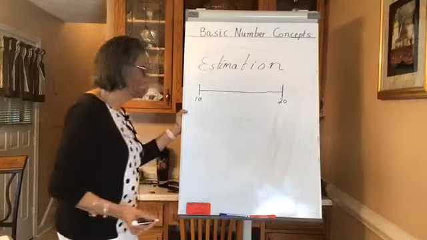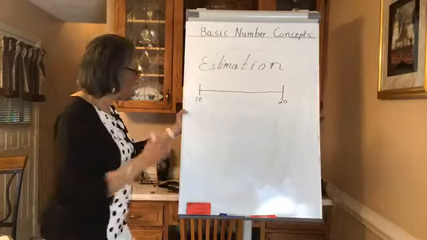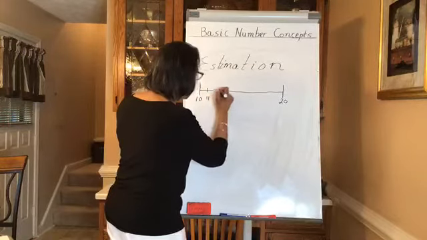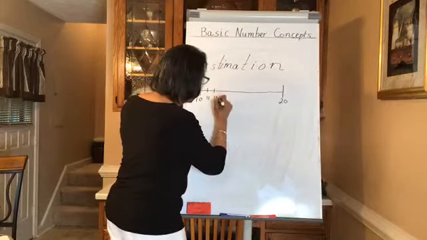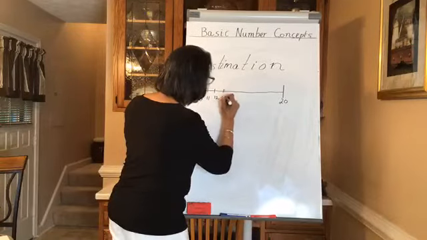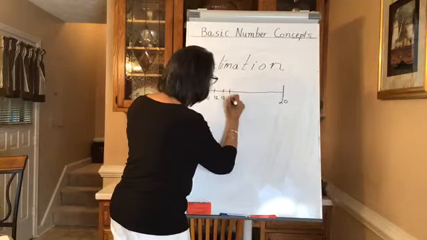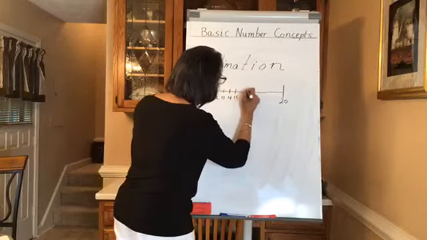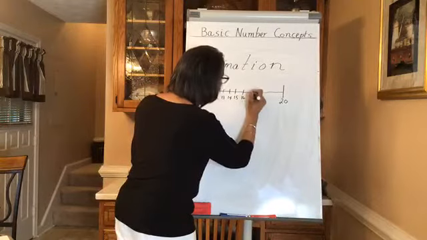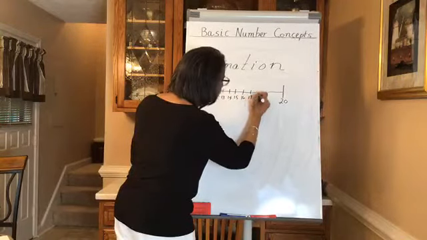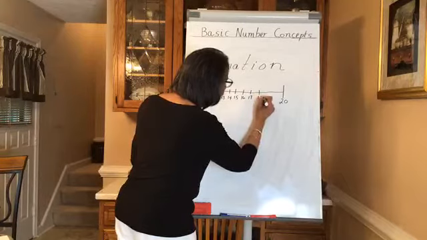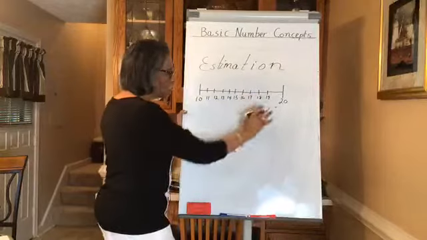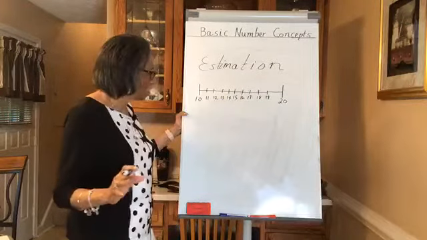So we're going to write them: 11, 12, 13, 14, 15, 16, 17, 18, 19. All right, all these should be the same distance apart, but they're not quite.